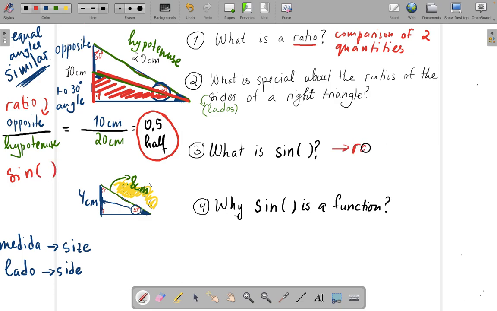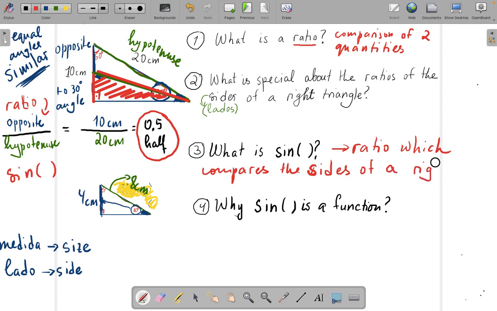Sine is just a ratio which compares the sides, los lados, of a right triangle, de un triángulo recto. Específicamente está comparando el lado opuesto de un ángulo, so it compares the opposite side de un ángulo with the hypotenuse, con la hipotenusa. Okay?